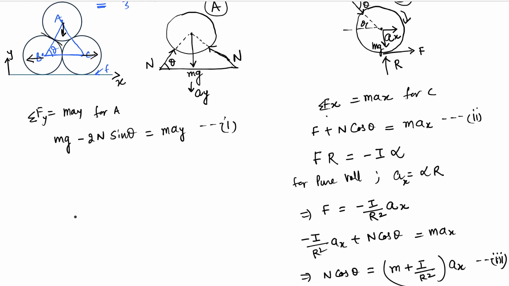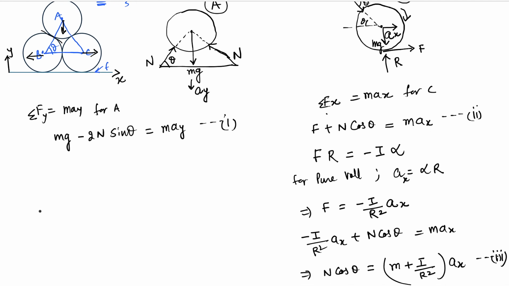If you draw the contact plane, let's say this is the contact line, and this is the center for A, and this is the center for B. And if you draw this line, right, now this angle is 90 minus theta, right? So this is theta, and this is 90, and this is 90 minus theta.